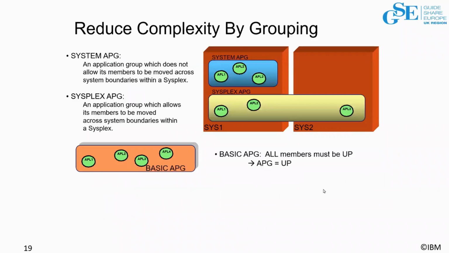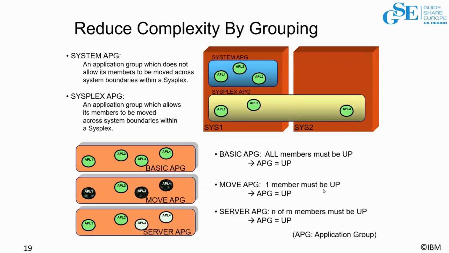So what type of groups have we got? There are 2 basic types, system and Sysplex, which is pretty self-explanatory, really. System groups, the resources are only on an individual system, whereas a Sysplex group could be anywhere in the Sysplex. The Sysplex groups are divided into 3 subtypes. A basic Sysplex group, which means every member of the group must be up for the group itself to be considered up.